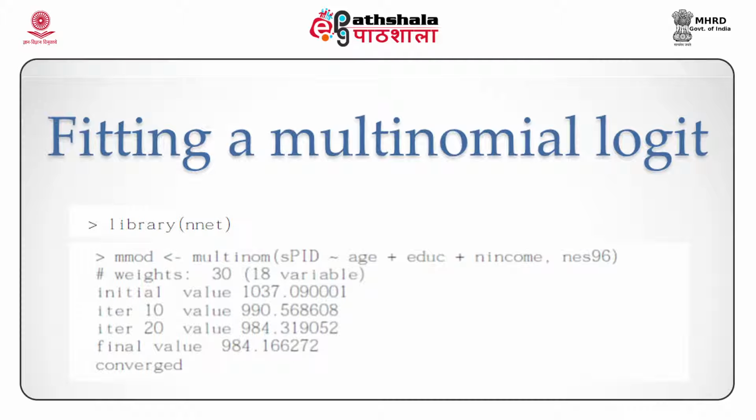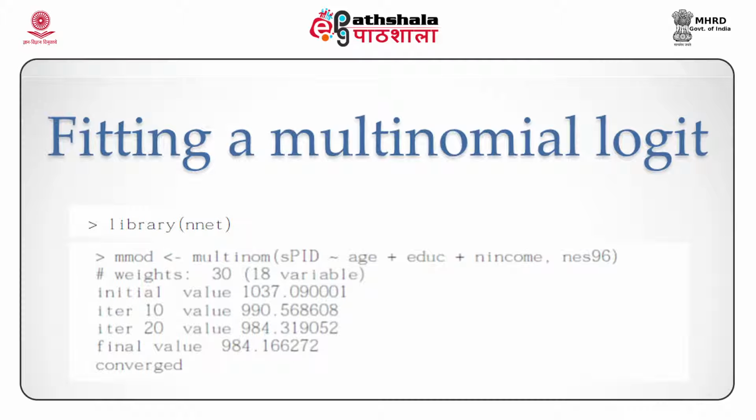The syntax for fitting the multinomial logit model is multinom SPID, assuming that SPID here plays the role of y, tilde the formula for the covariates as in a normal regression model. So here the covariates are age, educ, and income, and we have used the data set NES.